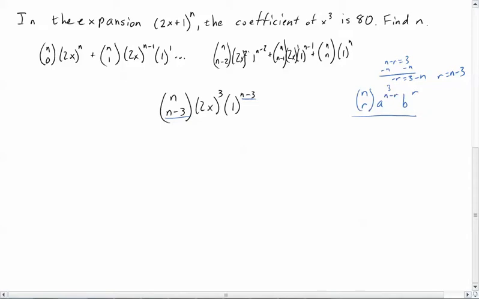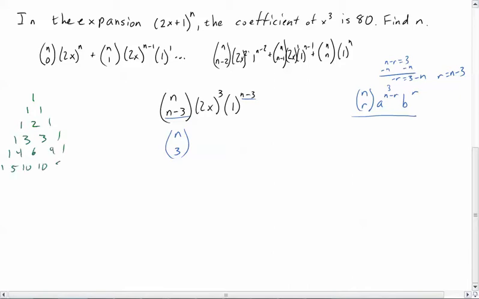It's going to be valuable to you to be able to recognize that n choose n minus 3 is the same thing as n choose 3. So remember Pascal's triangle. Let's go write Pascal's triangle. So 1, 1, 1, 1, 2, 1, 1, 3, 3, 1, 1, 4, 6, 4, 1, 1, 5, 10.